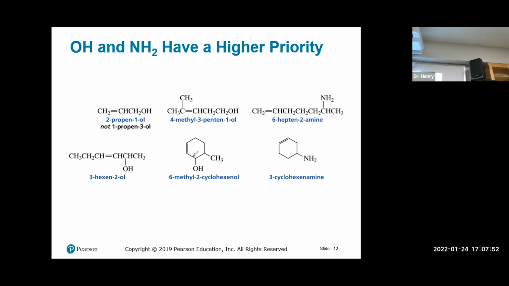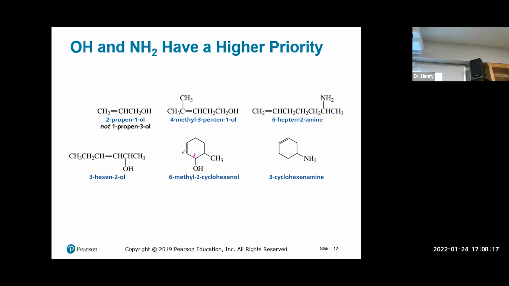So, okay. Now, will we go left or will we go right with our numbering? Clockwise. Okay. Why are we going clockwise? Because the double bond has second priority, right?